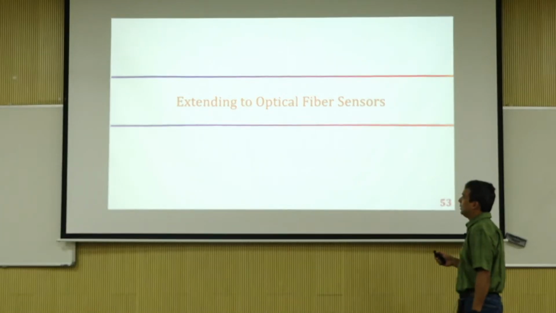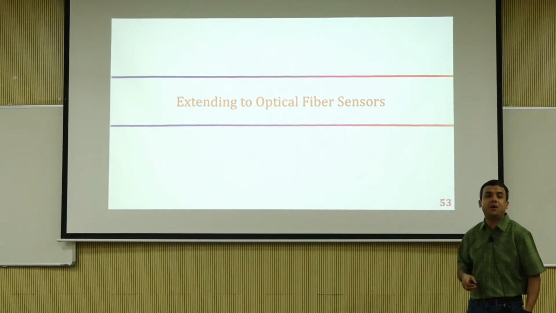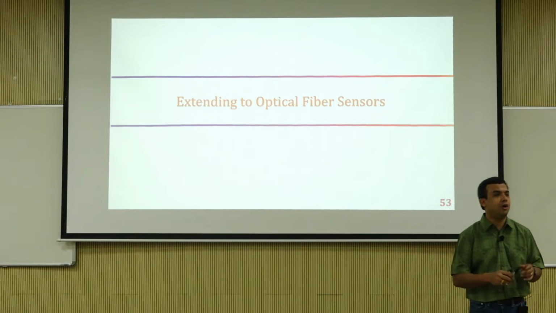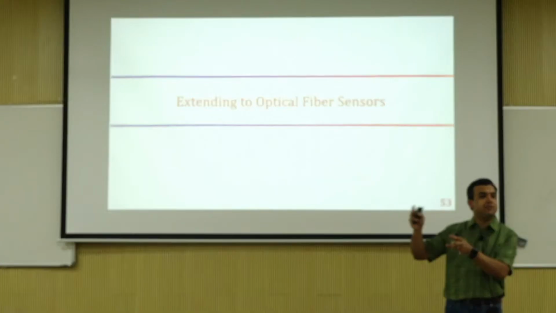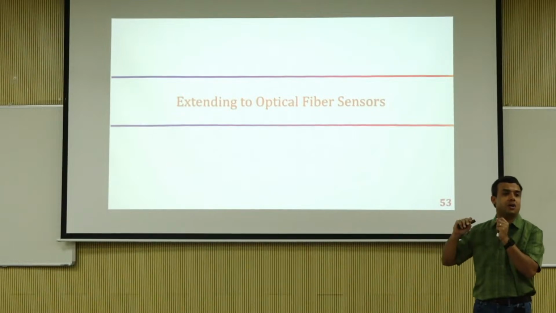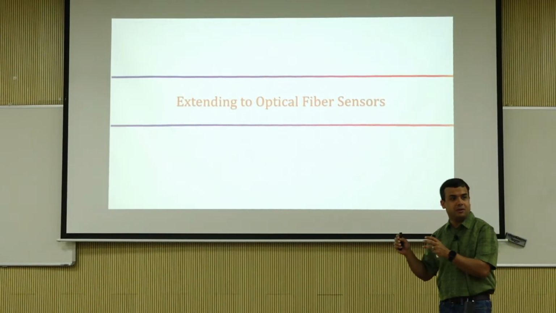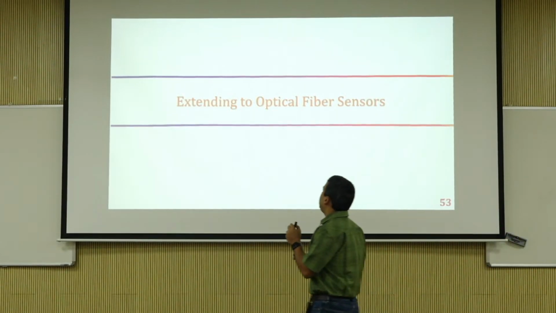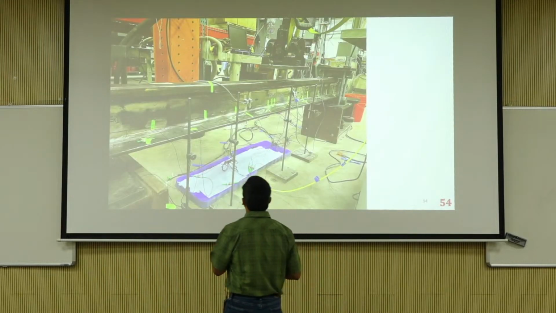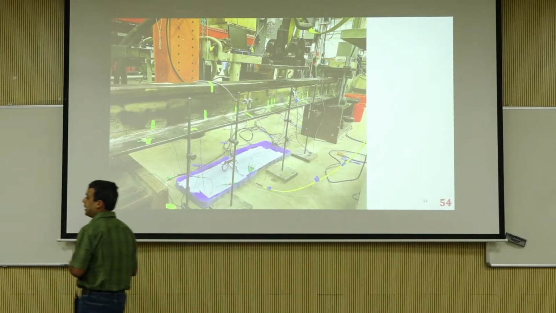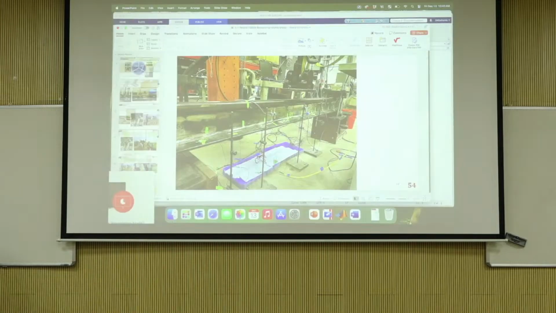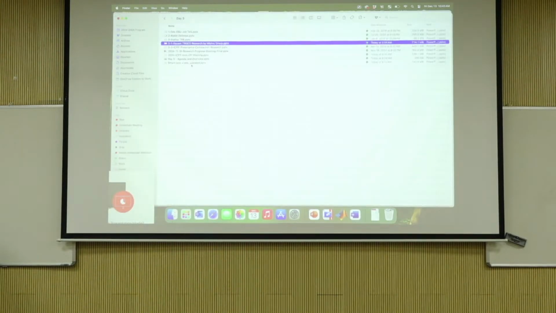Okay, this is another one. Now we are saying that, okay, this is strain gauge, it's all good. Now we're talking about modern sensors. Now we're talking about optical fibers. Let me actually switch presentations because I have more details on another one.